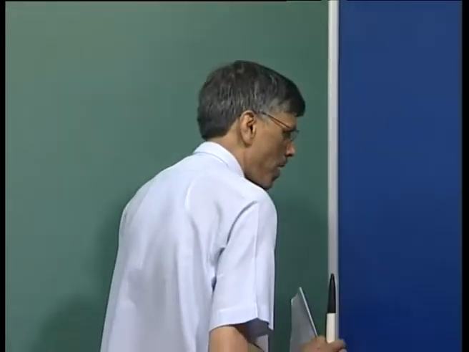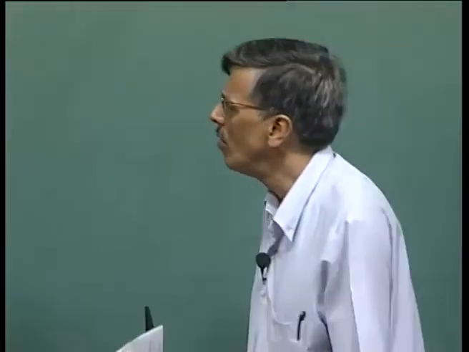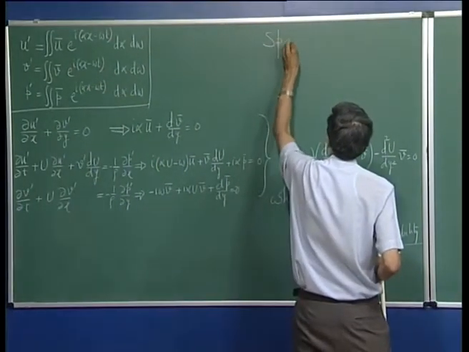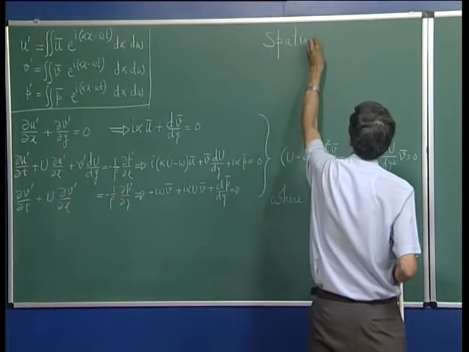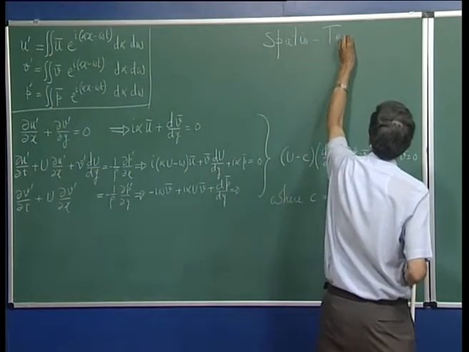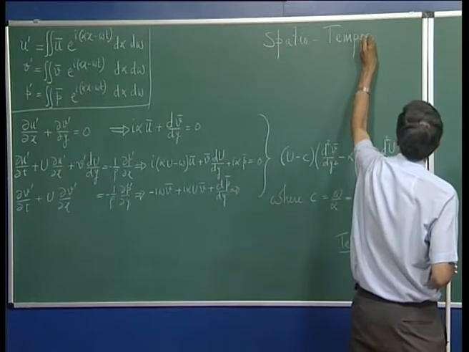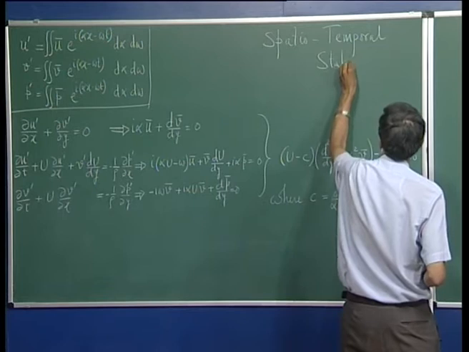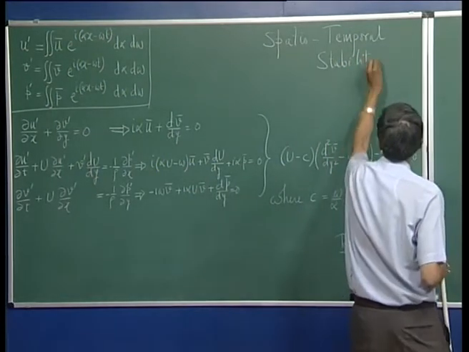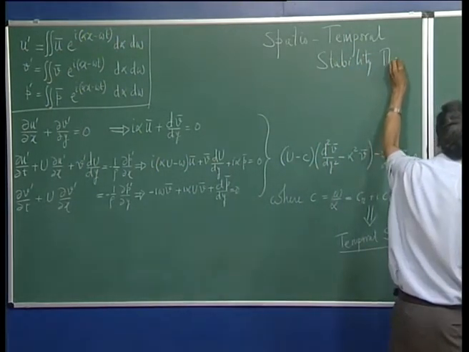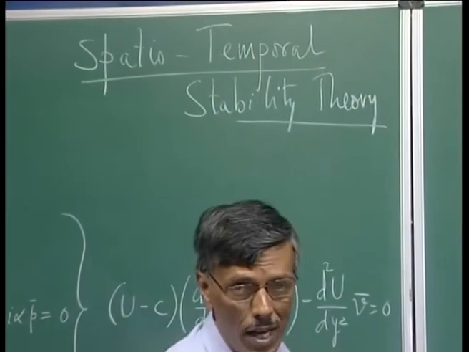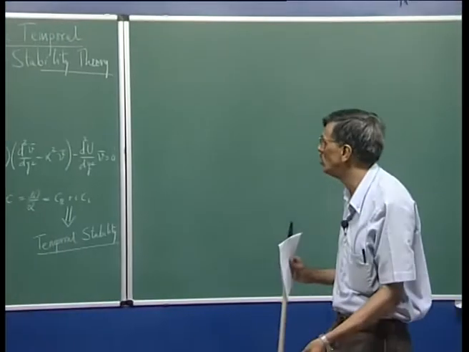That means space and time would be simultaneously varying for the disturbance quantity, and the corresponding study will be called the spatiotemporal stability or instability theory. And that is somewhat involved. It is not so easy to tackle.